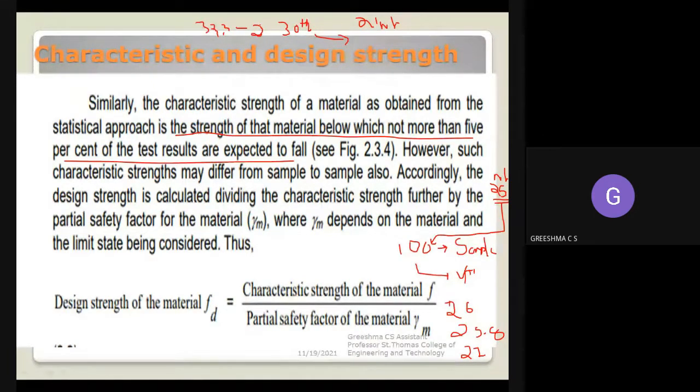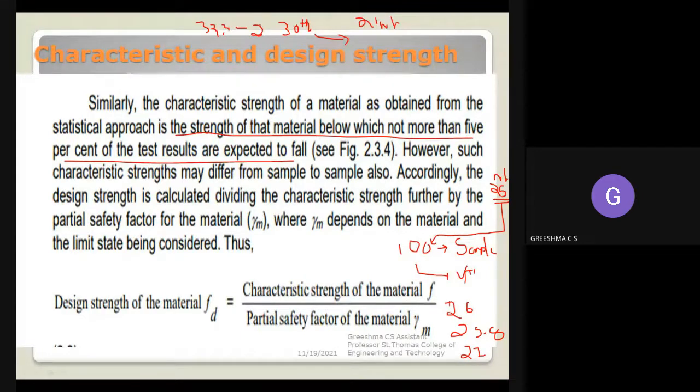So what does it mean? Here we are studying the term characteristic strength of a material. A material is said to have a particular strength.